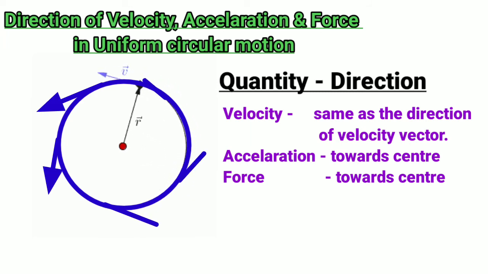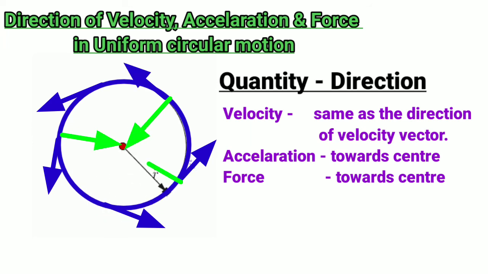These show the direction of velocity. If the tails of the velocity vectors are joined to the center, this direction shows the direction of acceleration. According to Newton's second law, the direction of acceleration and force are in the same direction.